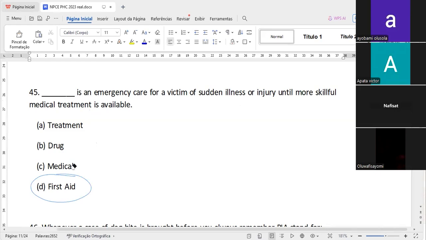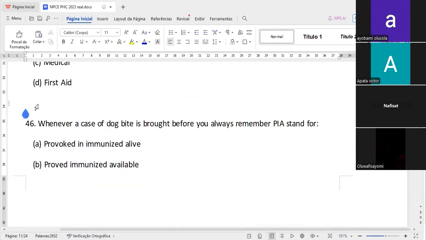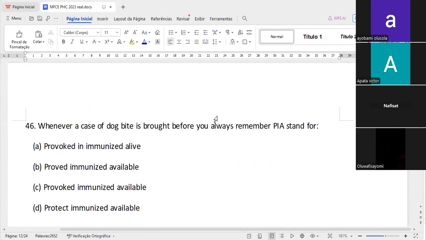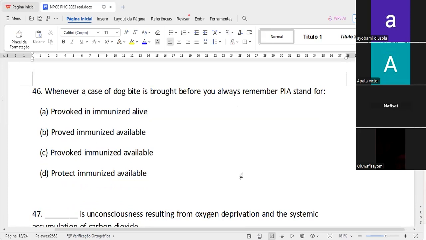Okay, so let's move. Let me go to the next. Whenever a case of dog bite is brought before you, always remember PIA stands for protect, immunize, available.